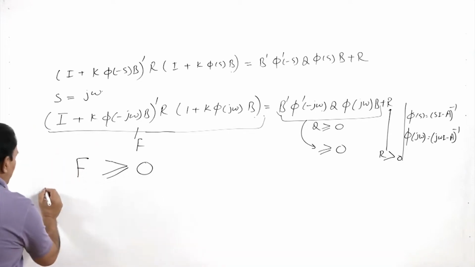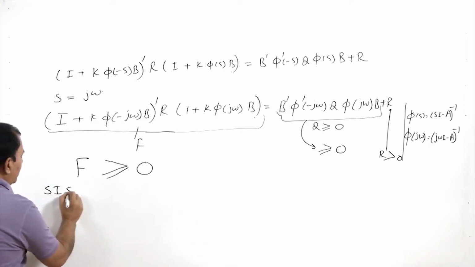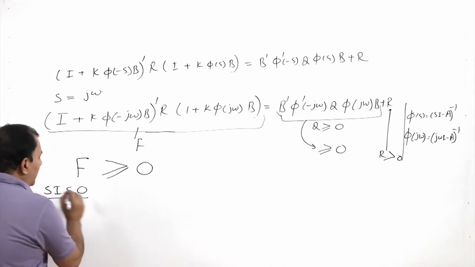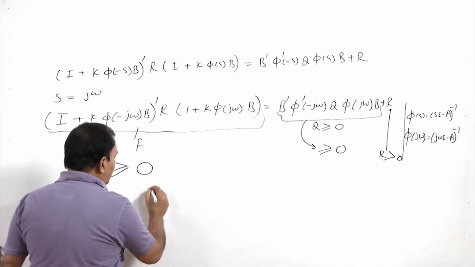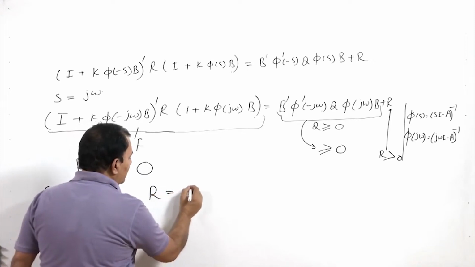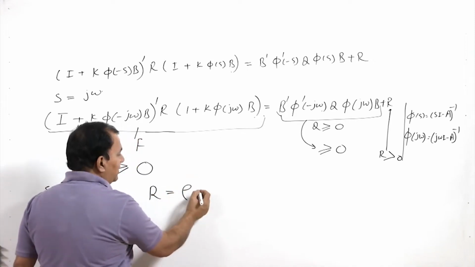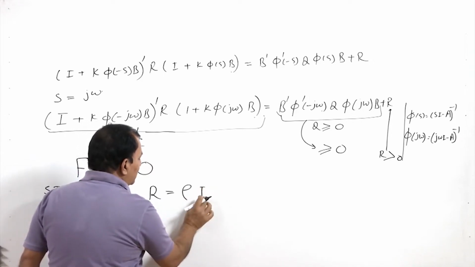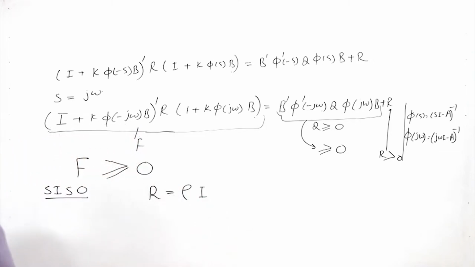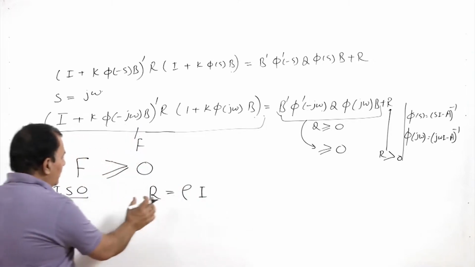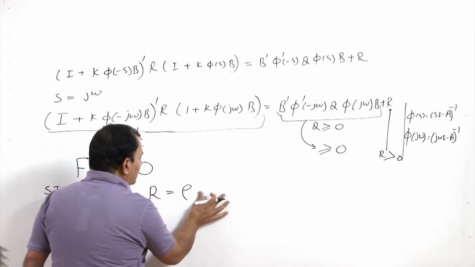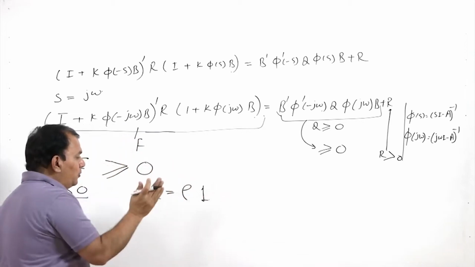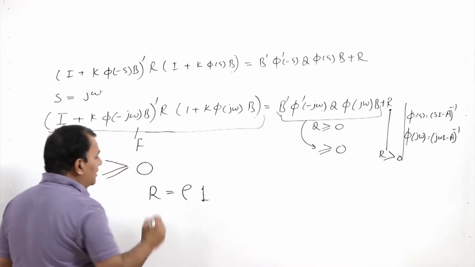Now, we take the example of a single input, single output. For a SISO case, I can represent my R as some positive number multiplied with an identity matrix. So, R is ρ into 1, where R should be positive definite, so ρ should be a positive number.